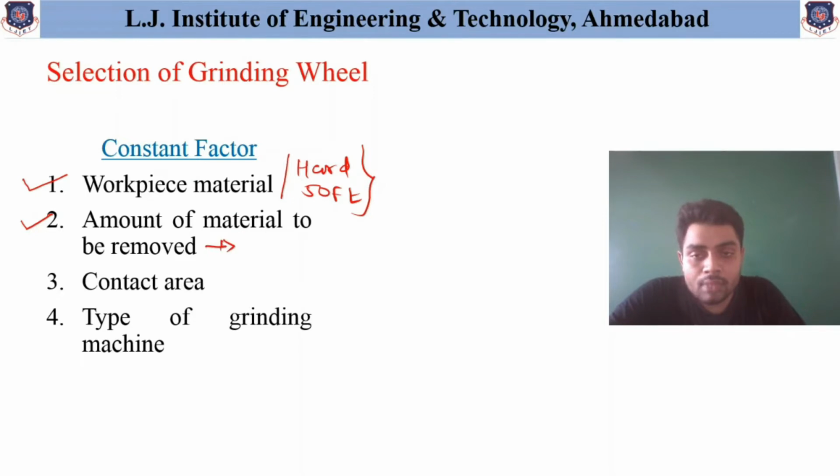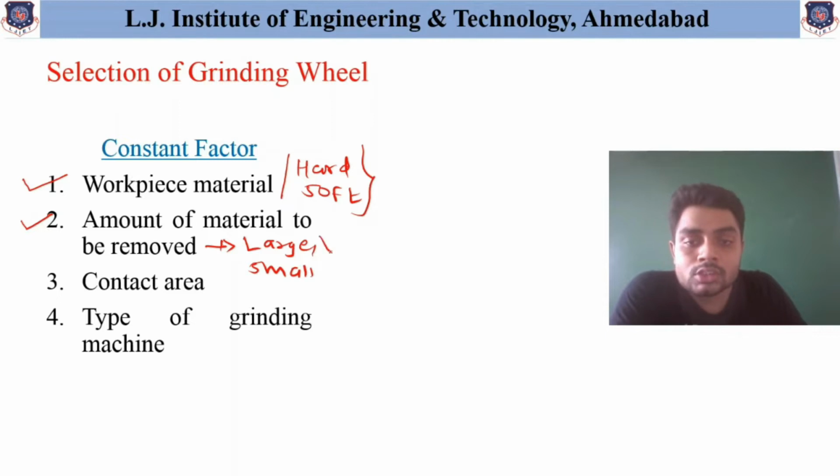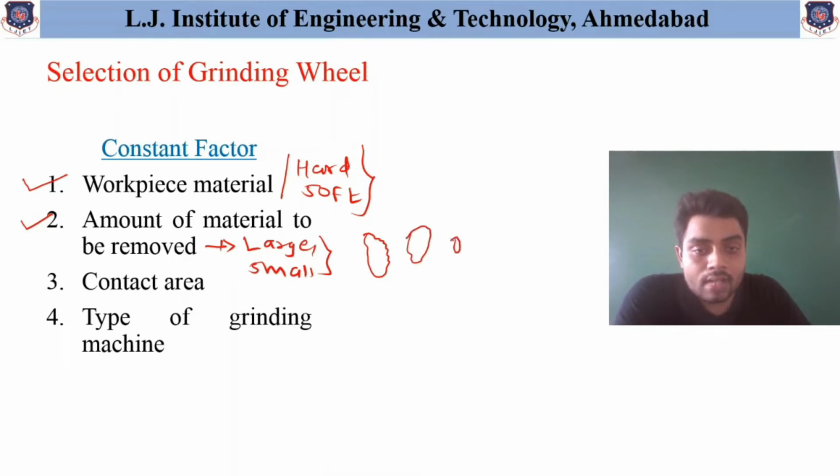That means whether the amount of material to be removed is comparatively large or small, based on this situation one must select the grinding wheel abrasives that are used, because if the abrasive particle size is comparatively larger, then it will remove more material, and if the abrasive particle size is small, then it will remove very little material. So based on this also one must select the grinding wheel.